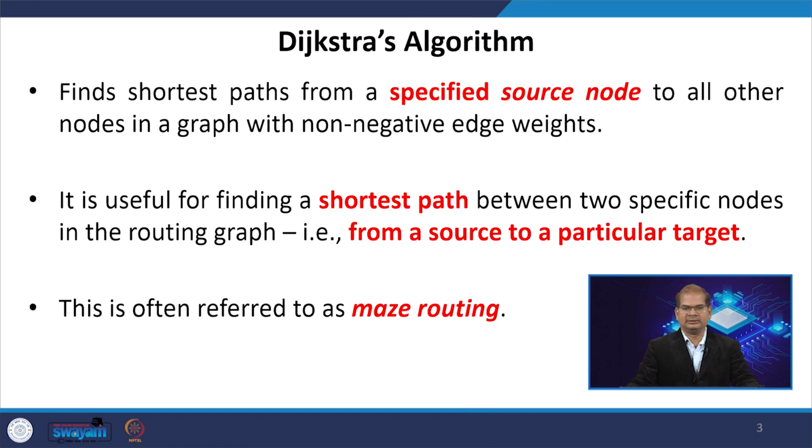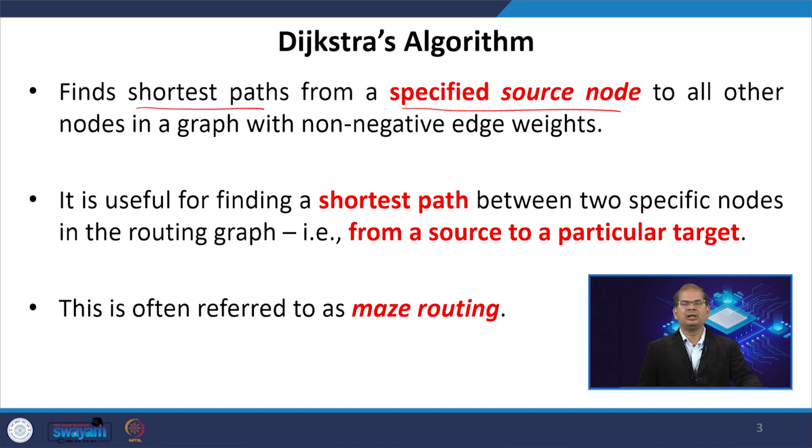So, what does it do? It finds the shortest path from a specified source node. In that graph we have a source node and some termination nodes. It finds the shortest path from a specified source node to all the nodes in the graph with non-negative edge weights.